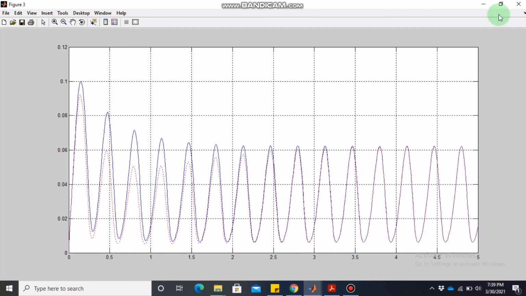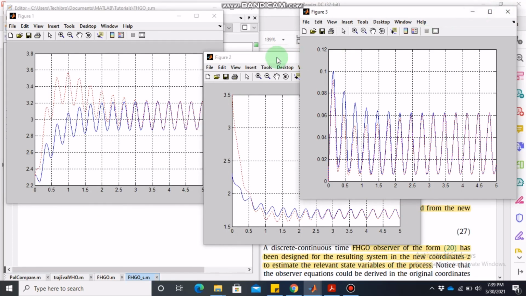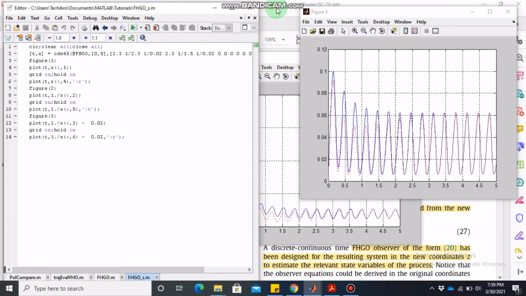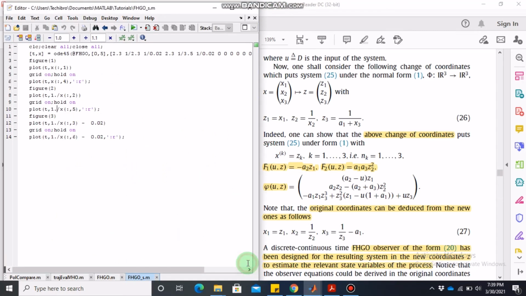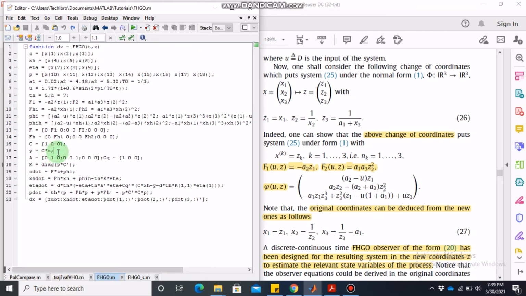I have not used any measurement noise. If you want to use measurement noise or disturbance in your code, you can add measurement noise here, plus w, and you can define w to be any bounded function of time or a constant value.